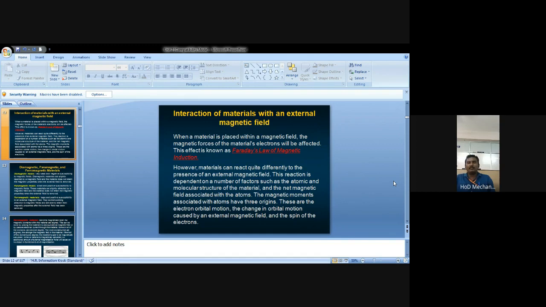The main orbitals are noted by the letters K, L, M and N. The suborbitals are S, P, D, F. So these are the electron orbital motions, the change in orbital motion caused by an external magnetic field, and the spin of the electrons.